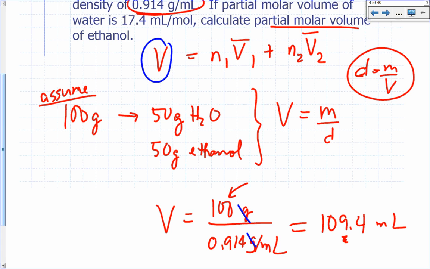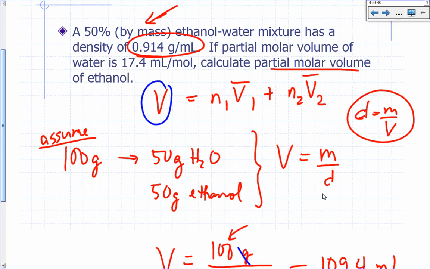What else is given in this problem? You're given the partial molar volume of water. Let's call component 1 our water. So this is 17.4. So we're going to say water is component number 1, ethanol is component number 2. So we know the partial molar volume of component 1.